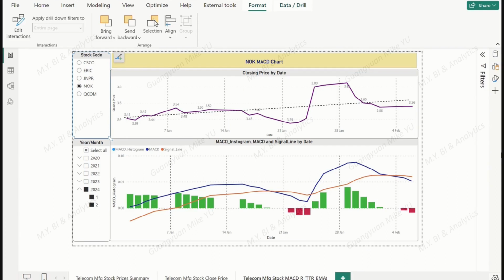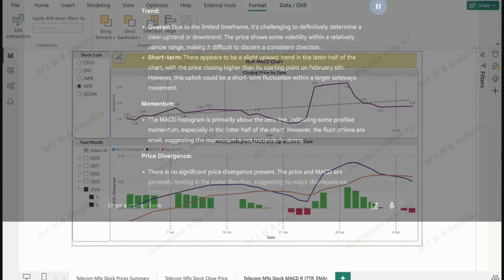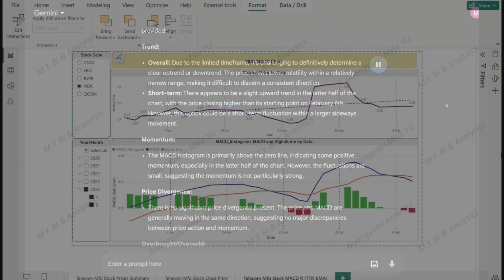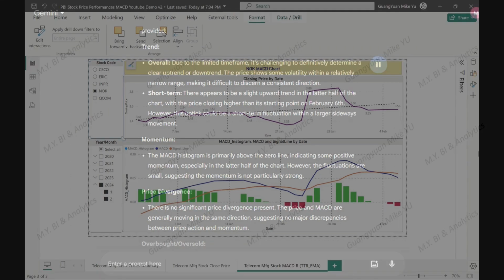I have used the Google AI chatbot Gemini based on the uploaded MACD chart picture, and let's listen to what Gemini told us based on its discoveries. Trend. Overall, due to the limited time frame, it's challenging to definitively determine a clear uptrend or downtrend.